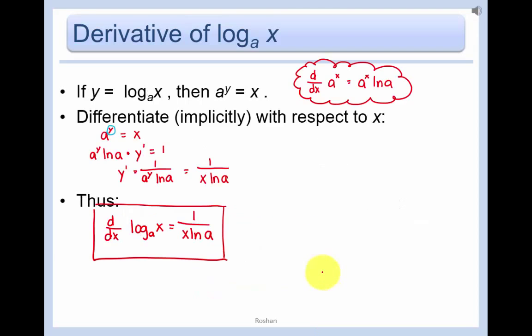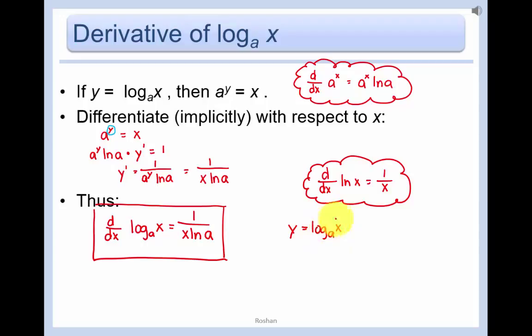Before we move on, let's quickly take a step back and derive this in a different way. We just said that the derivative with respect to x of ln x is 1 over x. Knowing this, let's look back at our original problem, which was y equals log base a of x.